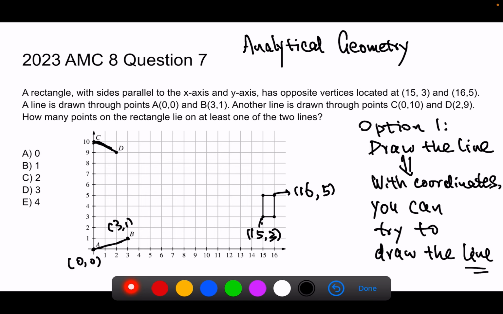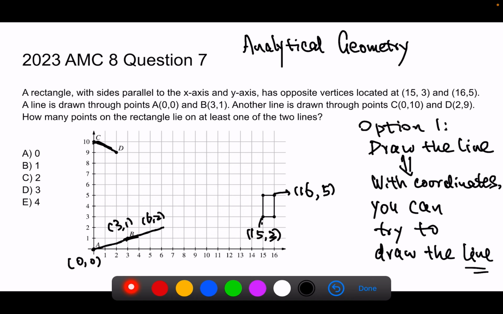If I continue from B, what would be the next point on this line? Increase x by 3 again and y by 1 again. You will be at (6, 2).